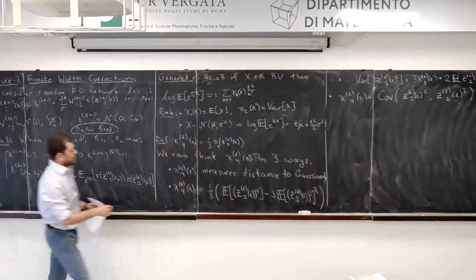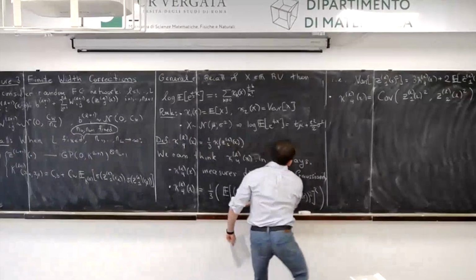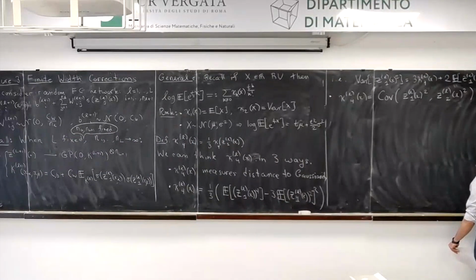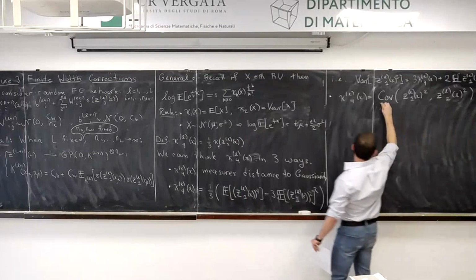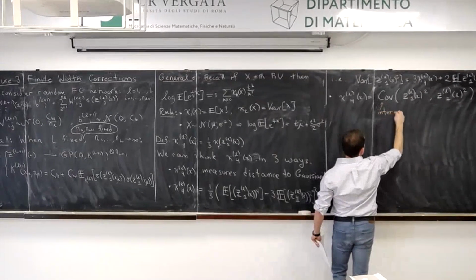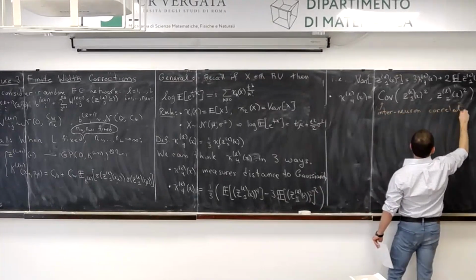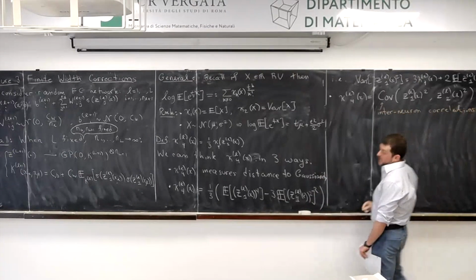So you get fluctuations, and I think of this as interneuron correlations. That's maybe some more reasons to study kappa 4.